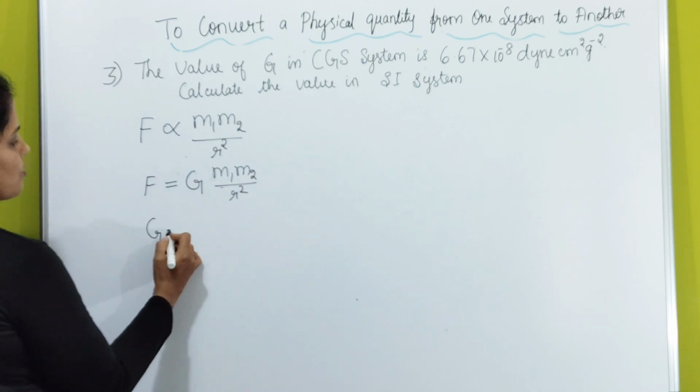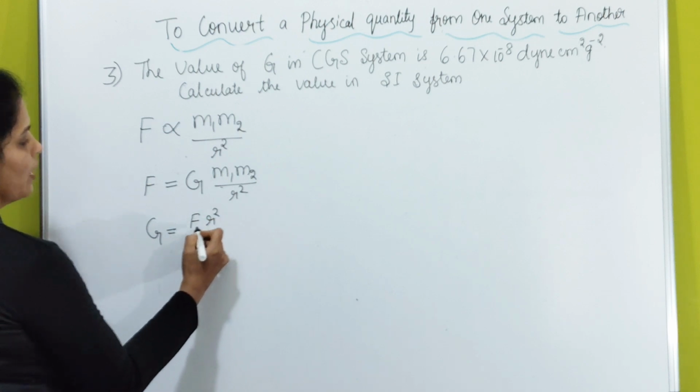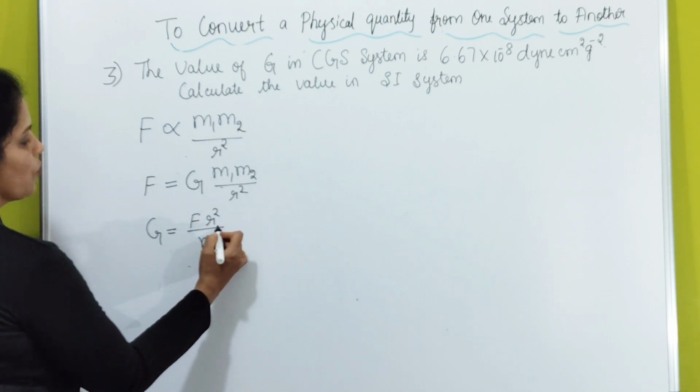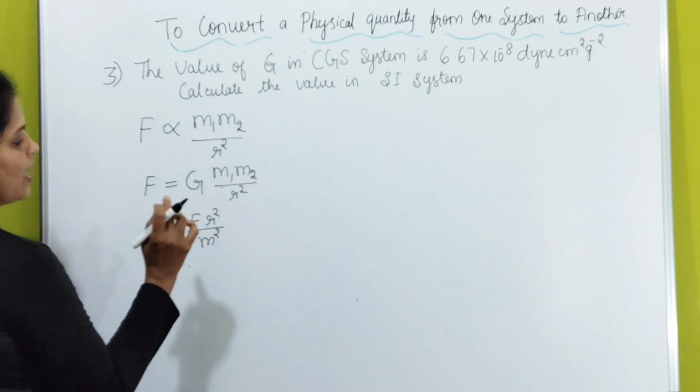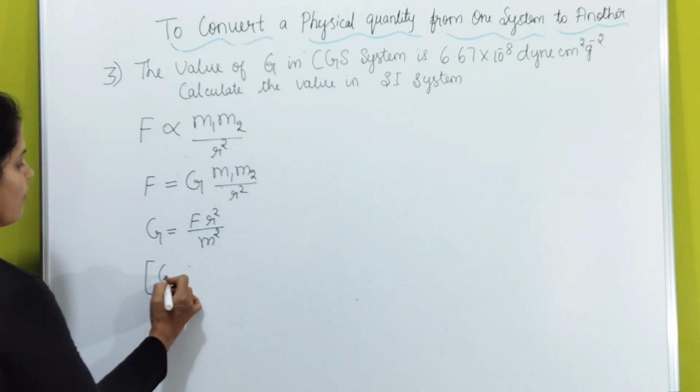So using this, how to write G? What is the definition of G? It is F r square by m square. Let us write m1 m2 as m square. Then what is the dimensional formula of G?